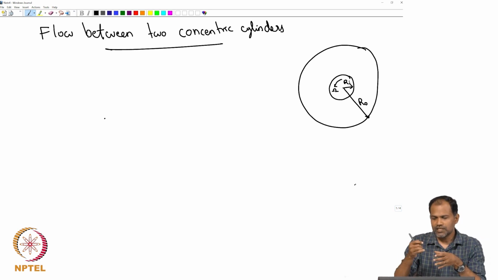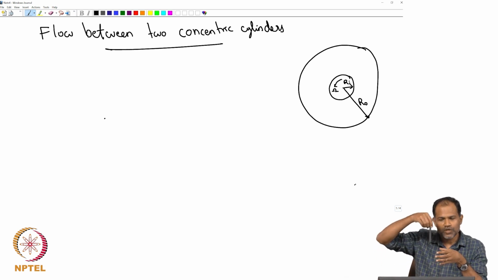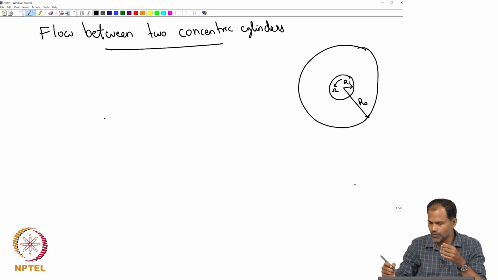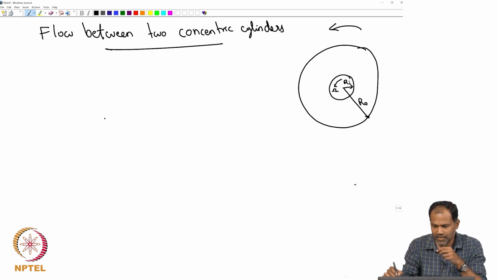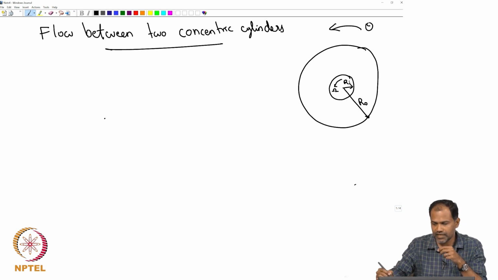So, because the inner cylinder is rotating, we would expect that the fluid flow is in the theta direction really. So, if I am taking the cylindrical coordinate system, I have an r which is in the direction of the radius, then I will have a theta direction which is in the plane, and then there is a z direction, and that is perpendicular to the plane.